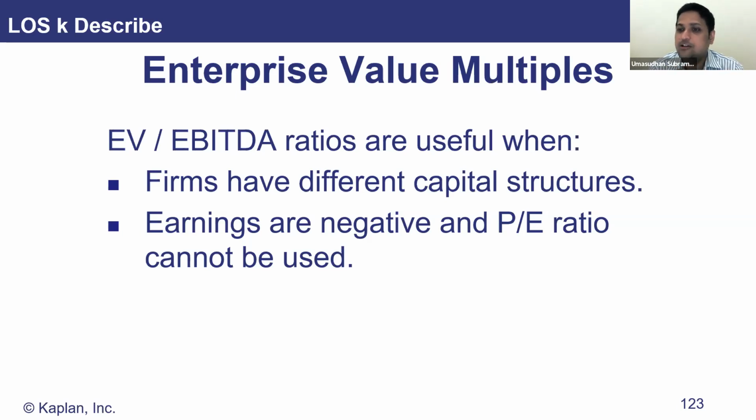The best valuation method for a telecom firm to assess whether the stock is undervalued or overvalued is not PE, it's not price to book, but EV/EBITDA. Why is that? EV/EBITDA is very useful for companies which are capital intensive.